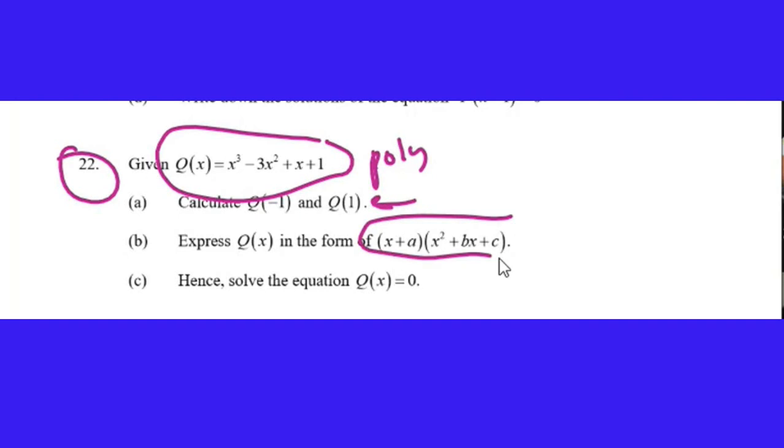Then this one, either you find this one linear factor and one quadratic. Okay, linear, quadratic, then solve. And check, is it the quadratic can be factorized to the simplest form or just a quadratic which cannot be factorized. Okay, so discuss number 22.